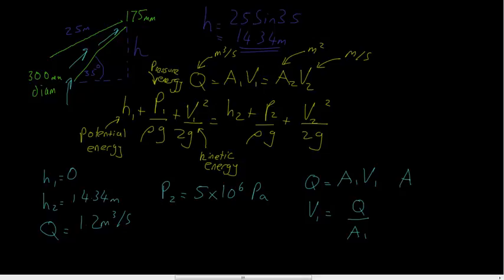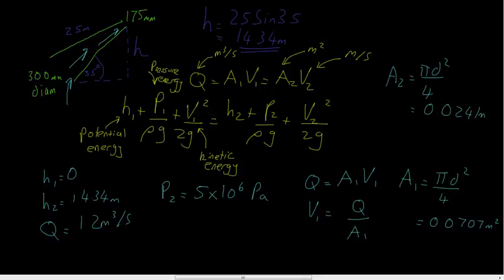A1 is going to be equal to pi d squared over 4, which in this case is 0.0707 meters squared. A2 is also going to be equal to pi d squared over 4. Using 175 mil, that gives us an area of A2 as 0.0241 meters squared.